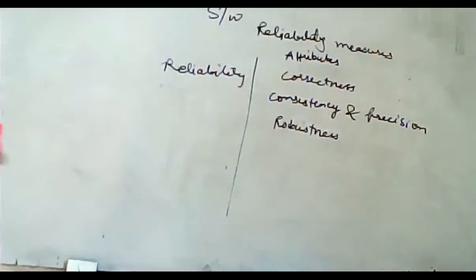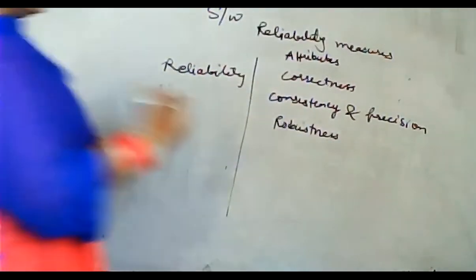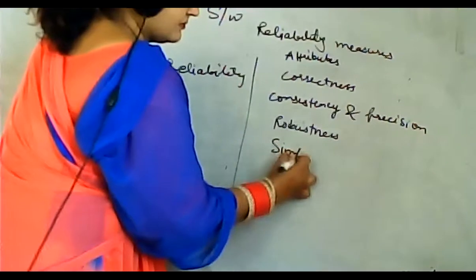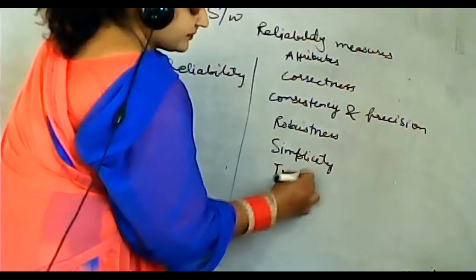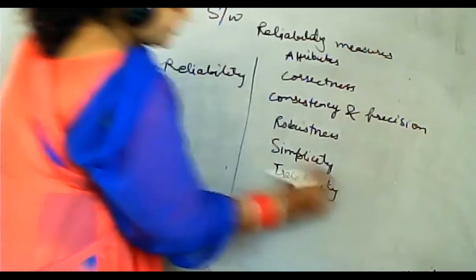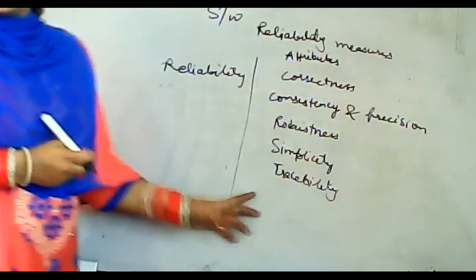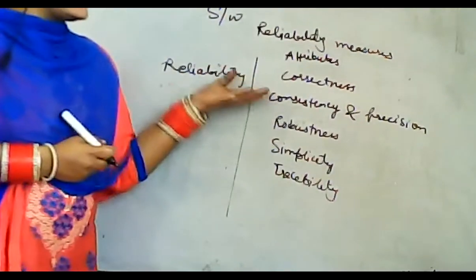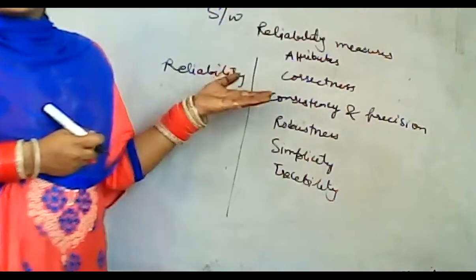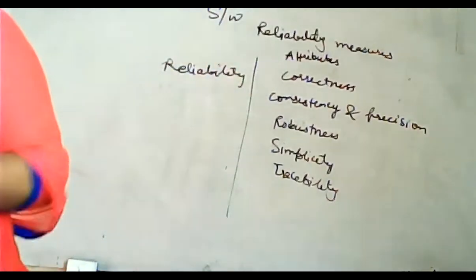We can say simplicity and traceability. The system is traceable, it is simple, robust, it has consistency and precision, and correct. The system will be called as reliable.